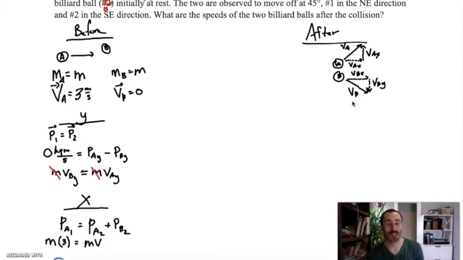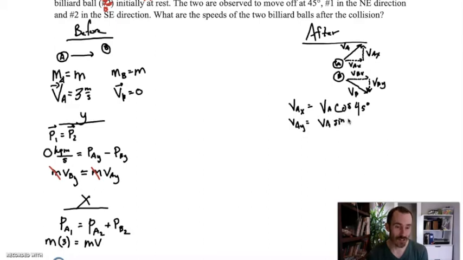So just like we did in tension, at this point what we're going to do is go VAX is equal to VA times the cosine of 45 degrees. Okay, you see where this is going. We're going to make this list. VAY is equal to VA times the sine of 45 degrees.